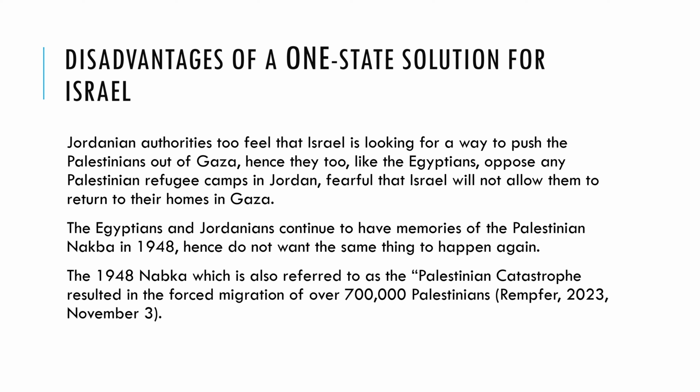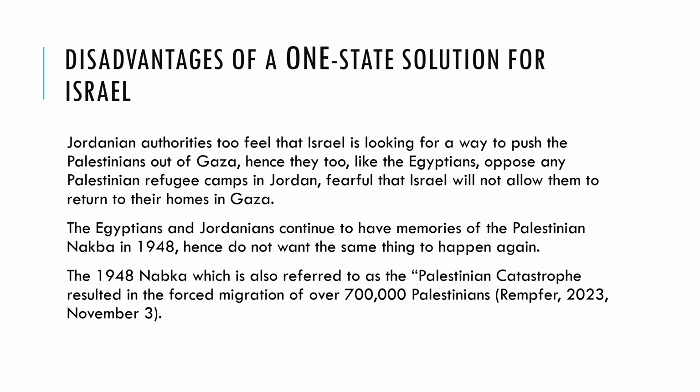Jordanian authorities too feel that Israel is looking for a way to push the Palestinians out of Gaza. Hence, they too, like the Egyptians, oppose any Palestinian refugee camps in Jordan, fearful that Israel will not allow them to return to their homes in Gaza.